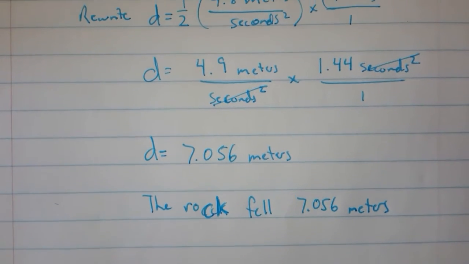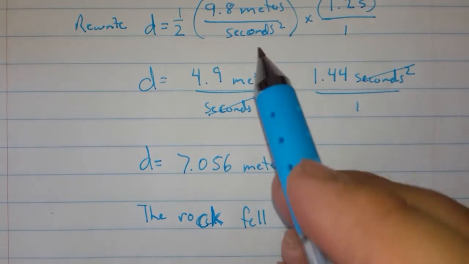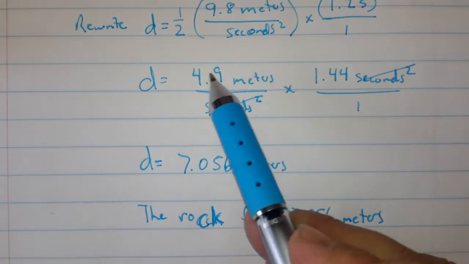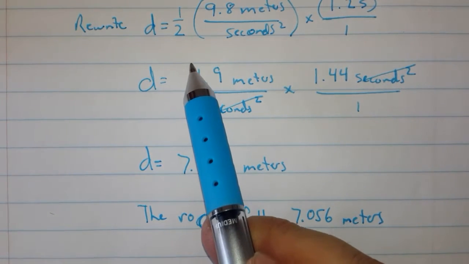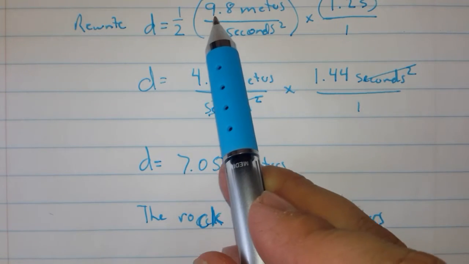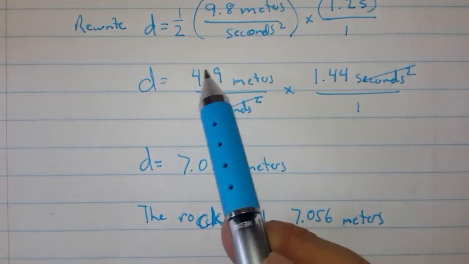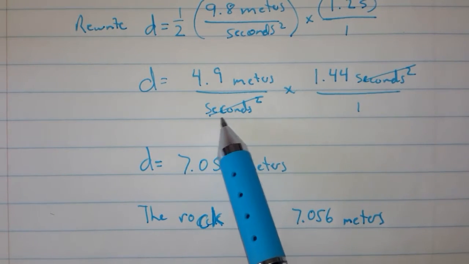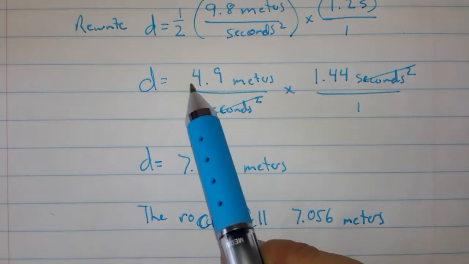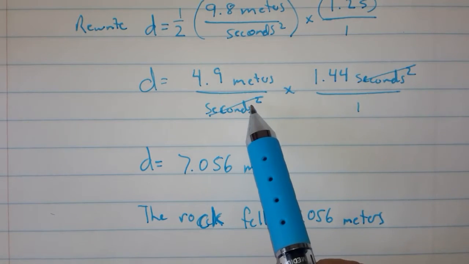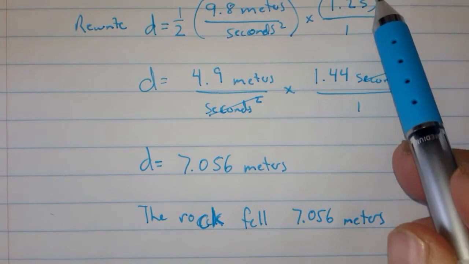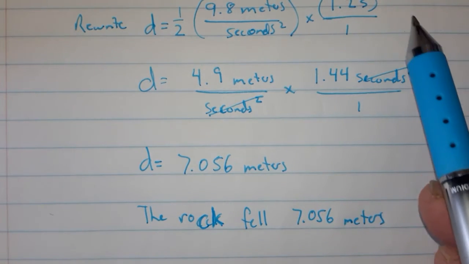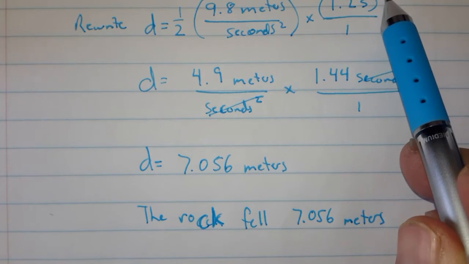Just in case you didn't see this up here, I rewrote this and simplified. Again, we'll go over it right now. 1/2 times 9.8 is going to be 4.9 meters. I rewrote it so we had seconds in the denominator, like 4.9 meters per second squared times 1.44, which was just the 1.2 seconds squared right here.